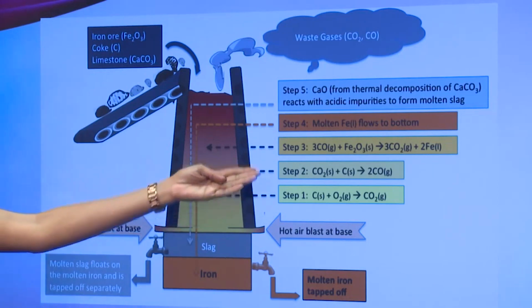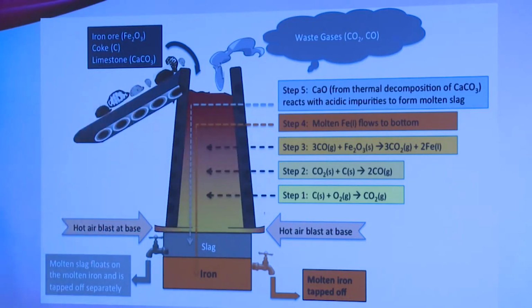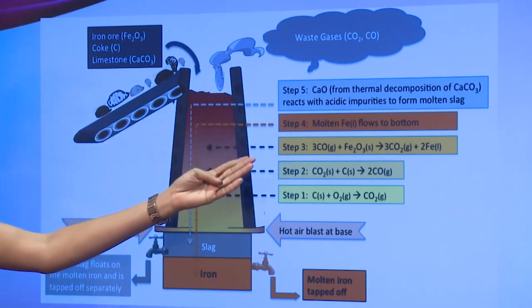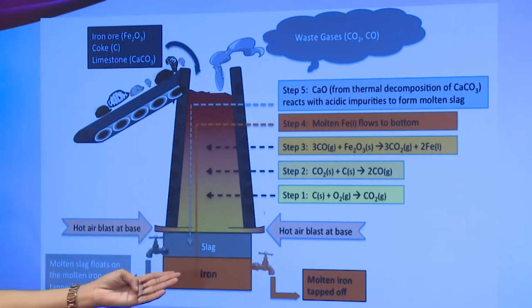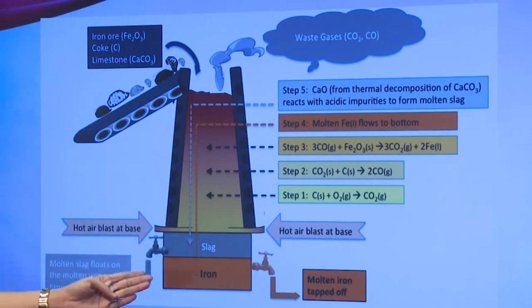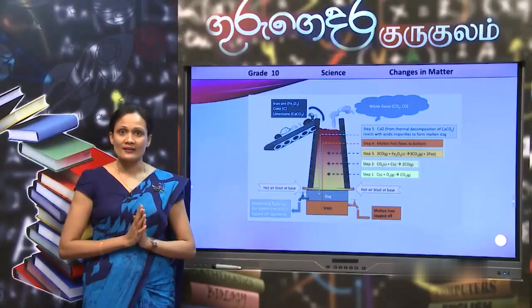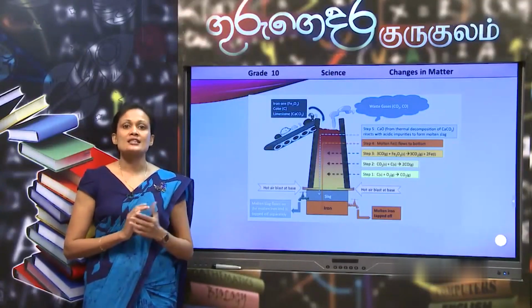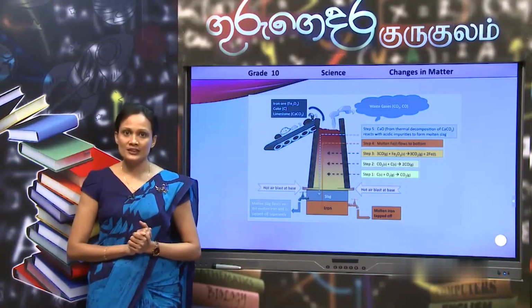So these are the reactions that occur inside the blast furnace. And finally, the molten iron flows to the bottom and slag floats on the iron. Then we separate iron and slag from the blast furnace. That is the way we extract iron from its compound using the blast furnace.